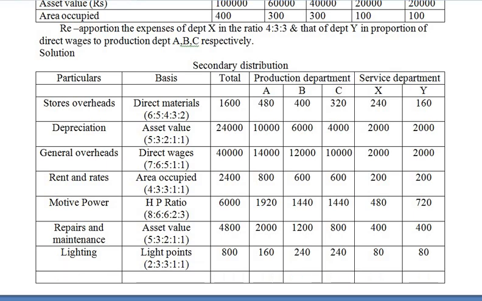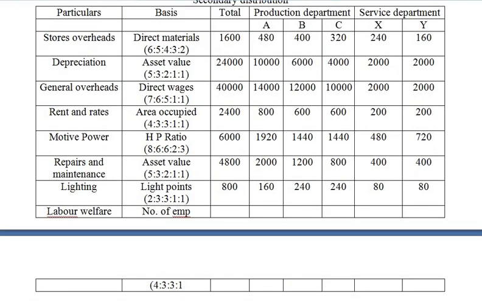Okay. Now next is labor welfare. Labor welfare is related to number of employees, right? So that is already given. Number of employees, find out the ratio: 4 is to 3 is to 3 is to 1 is to 1.